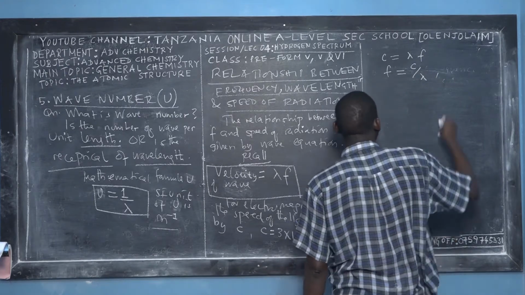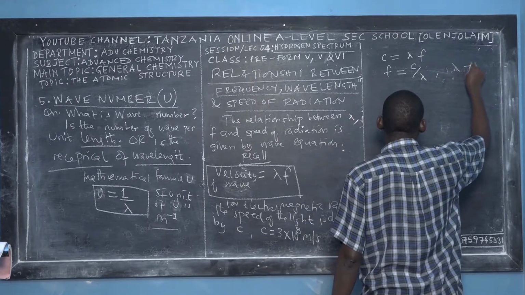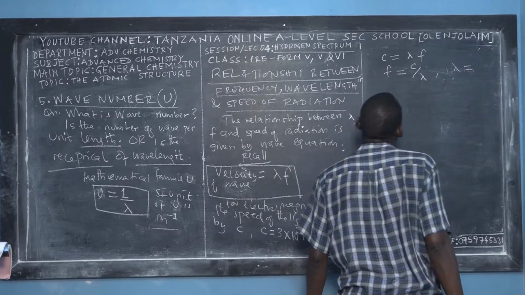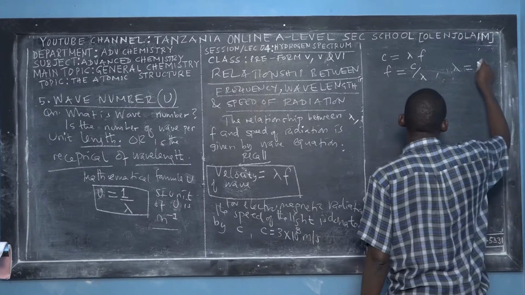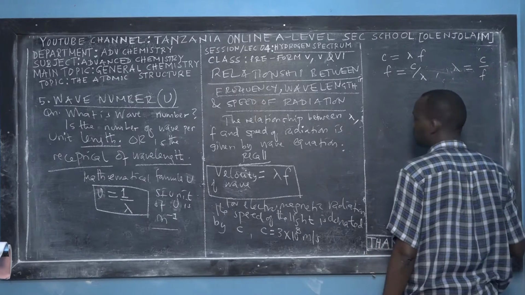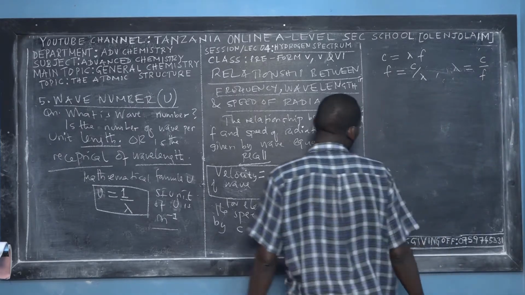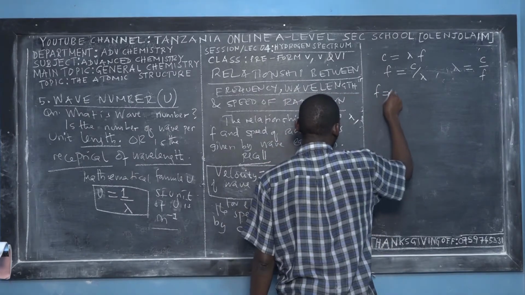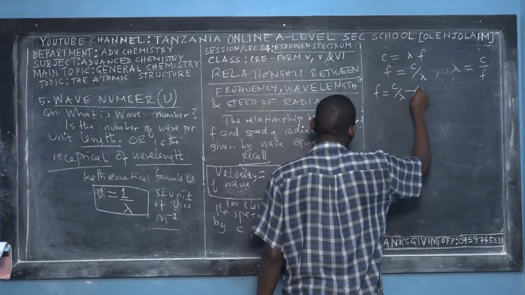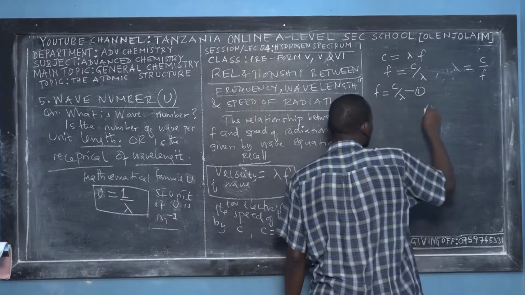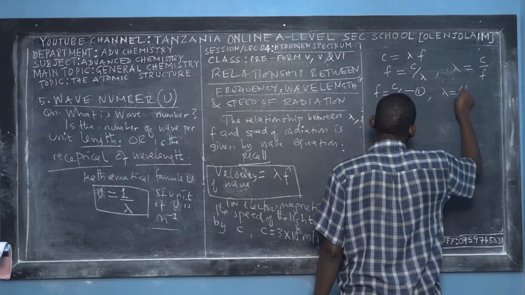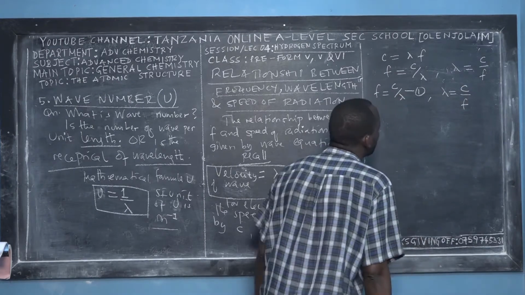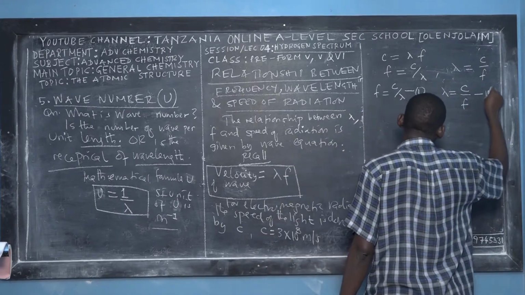Or wavelength will be the speed of the light over frequency. So these are the two very important relationships: frequency equals the speed of the light over wavelength, and wavelength equals the speed of the light over frequency.